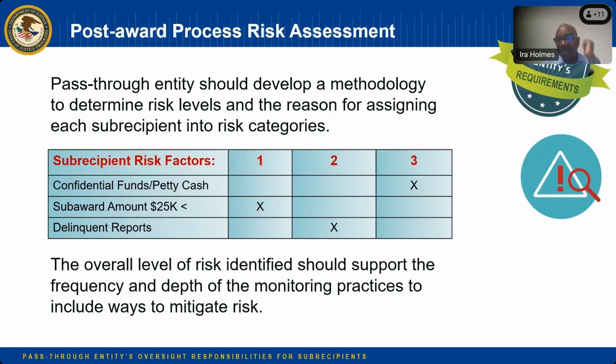If the subaward amount is below $25,000, we'll consider that low risk, so we'll assign that a risk factor of 1. If the subrecipient, in your review, remember in the pre-award process you've done this, has delinquent reports, then we'll assign it a risk factor of 2. The overall level of risk identified should inform the frequency and the type of monitoring that you engage in.